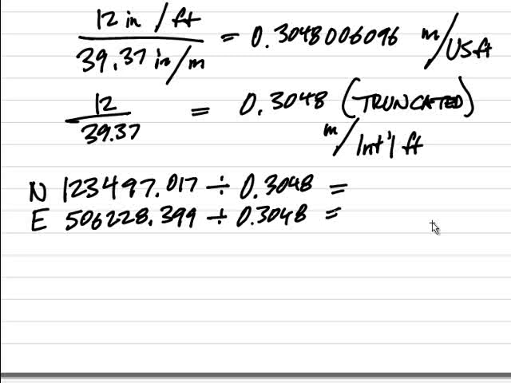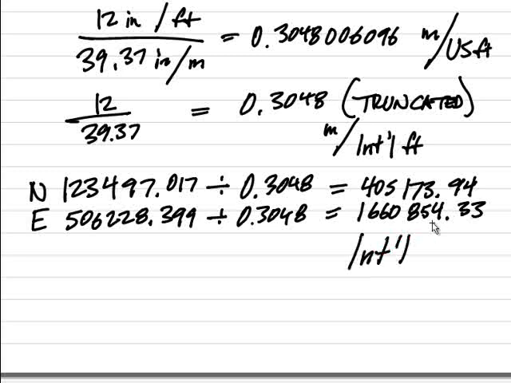And in my case here, I come out with 405,173.94. Over here, I get 1,660,854.33. That's in international feet. Okay, well, let's compare that to our U.S. survey foot versions of the same point. So that's really a couple of different addresses for the same point in the ground, correct?